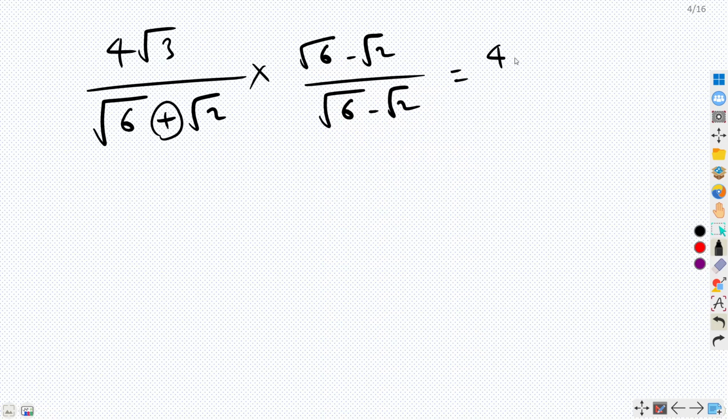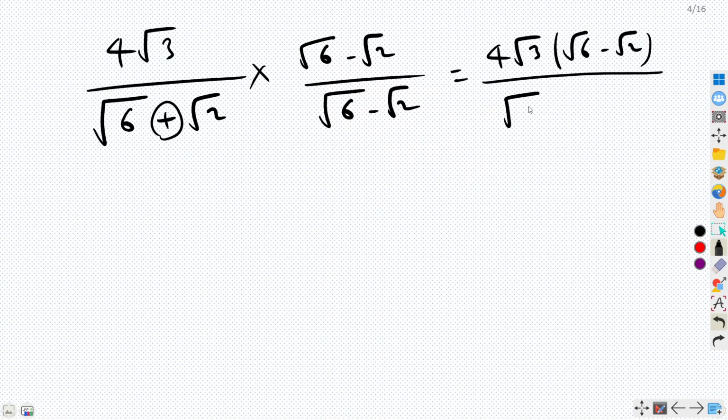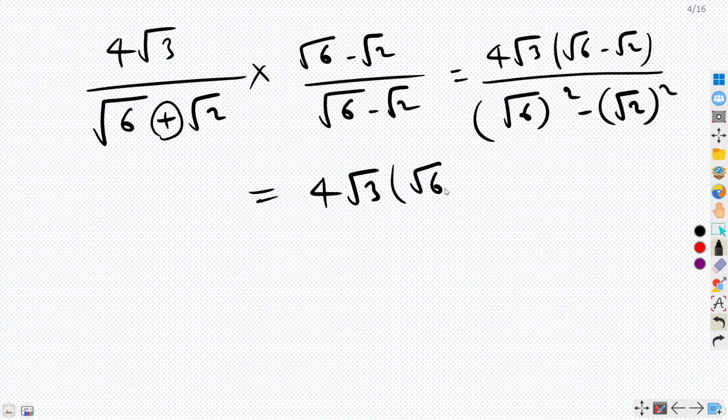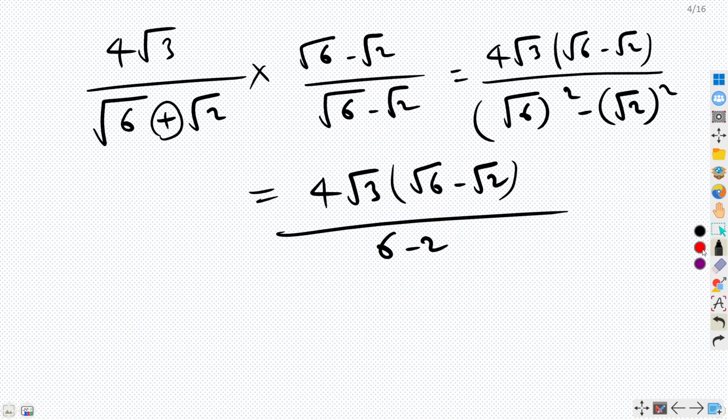Now from here we will get 4 root 3 into root 6 minus root 2 divided by root 6 square minus root 2 square, so divided by 6 minus 2. Now 6 minus 2 is nothing but 4. So 4 and 4 are gone.